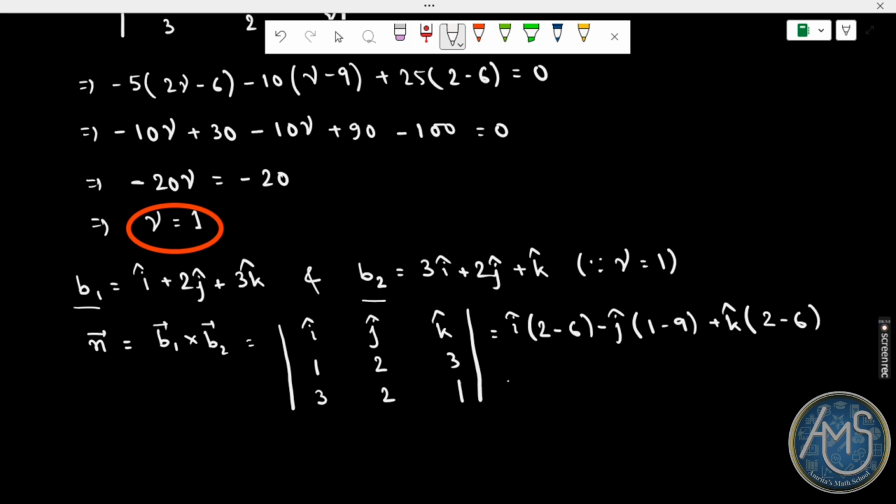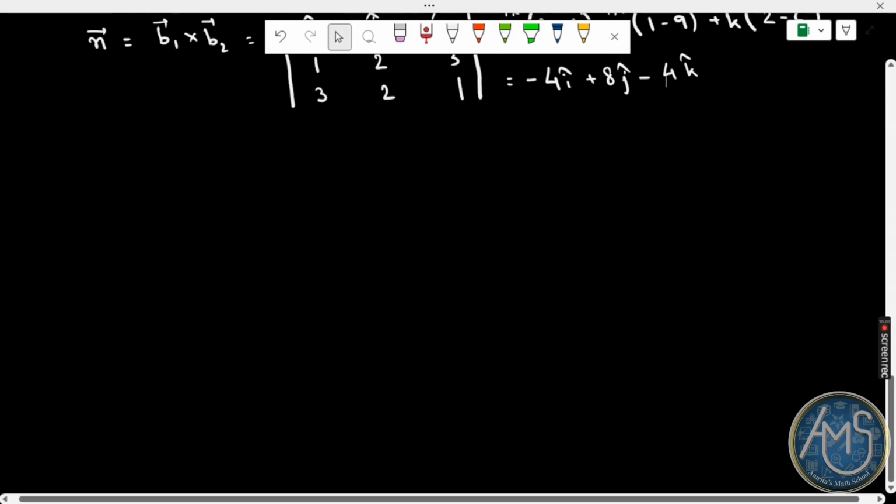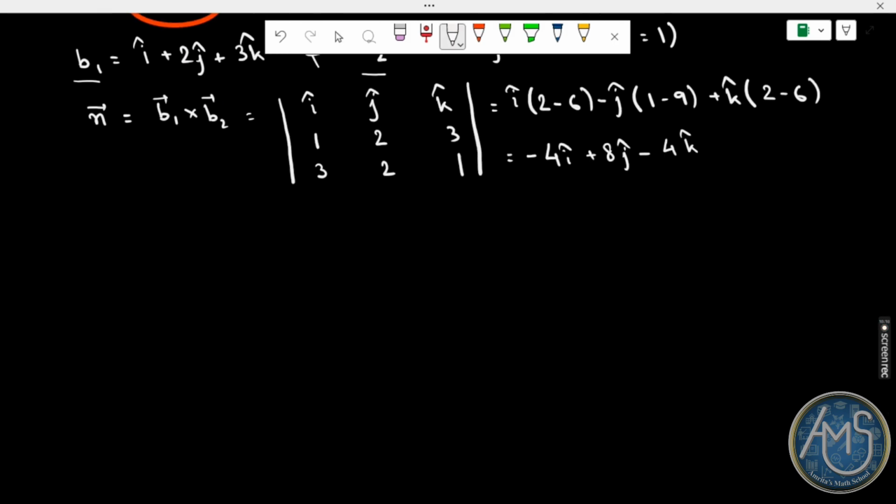That means minus 4 i cap plus 8 j cap minus 4 k cap. So to find n cap, we need to find the modulus of n vector, which is root over 4 square, so 16, plus 8 square, which means 64, plus again 4 square, so 16, and it will be root over 96, which means 4 root 6.